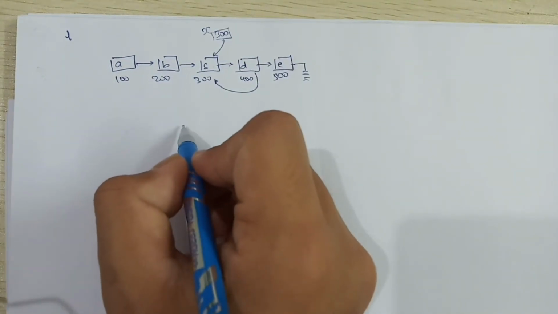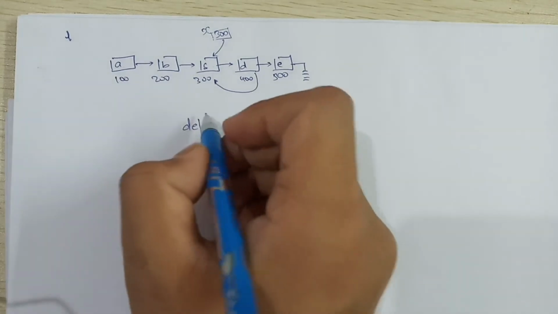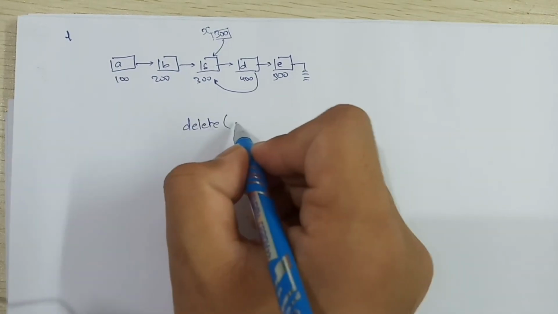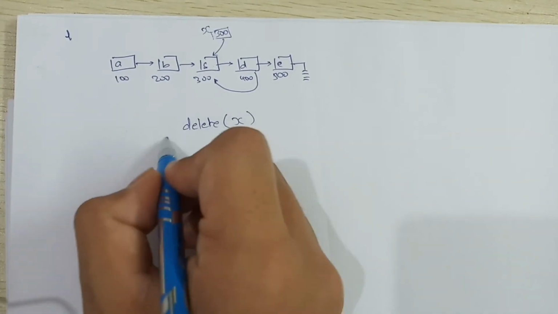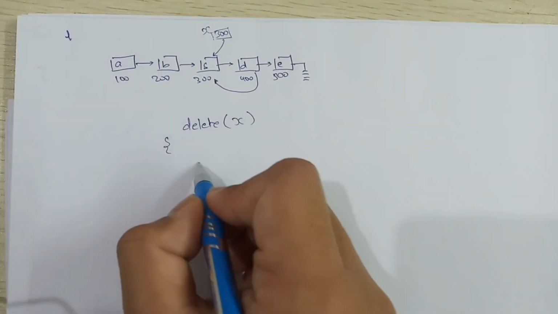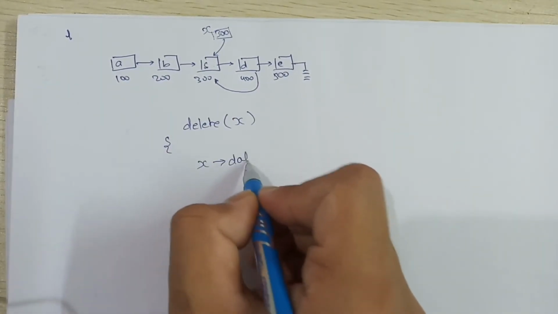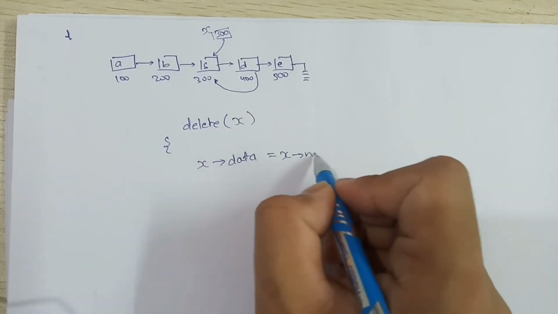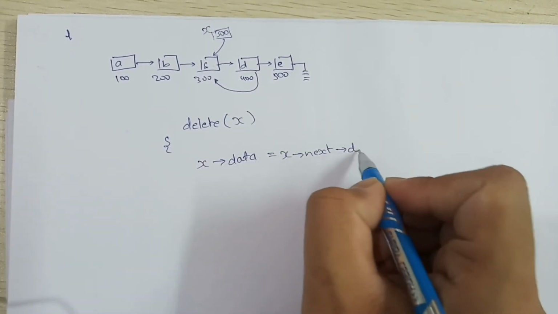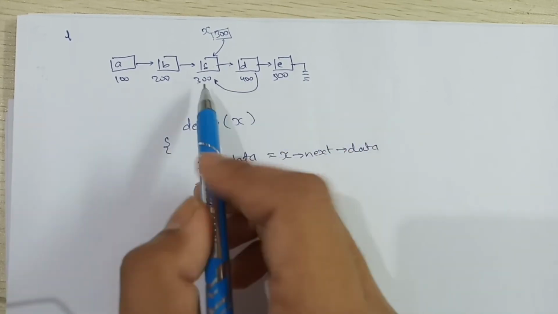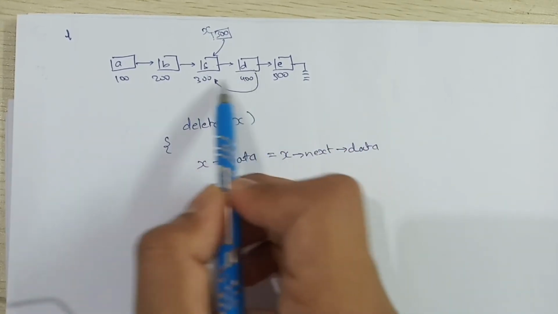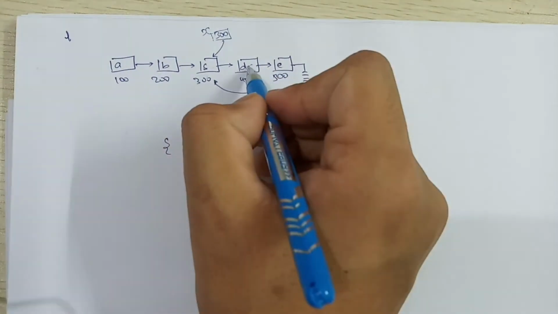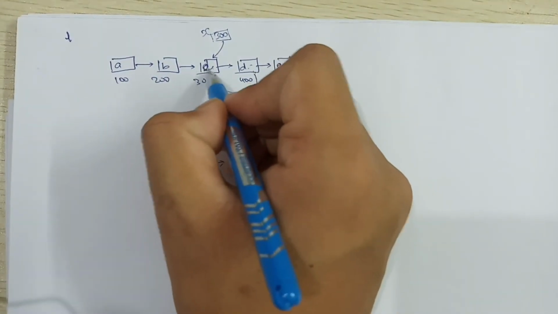Suppose a function which says delete, and it holds the address x. You can say x's data is assigned x's next data. So whatever the data of the next node of x is, which is d, will be copied into x's data. So d will be copied into this.